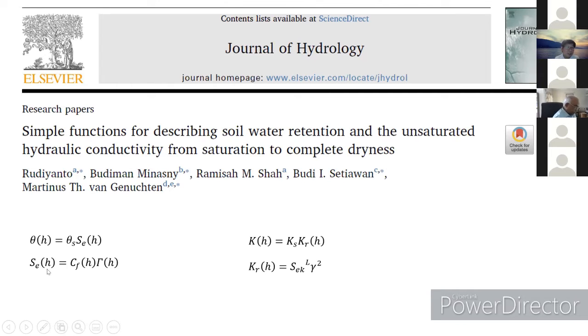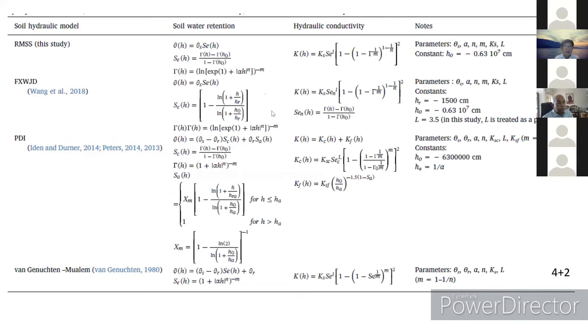But the saturation index itself is a function of two functions. One is modeling the capillary flow, and one is modeling the adhesive water retention. Similarly, the relative hydraulic conductivity is a function of the flow due to capillary and the flow due to film flow, right?